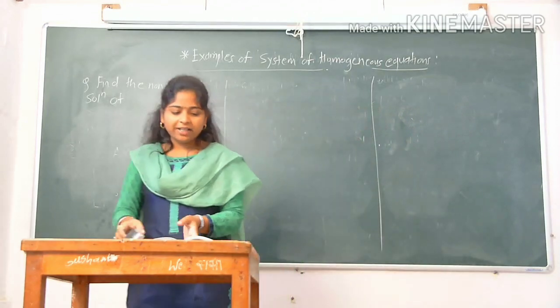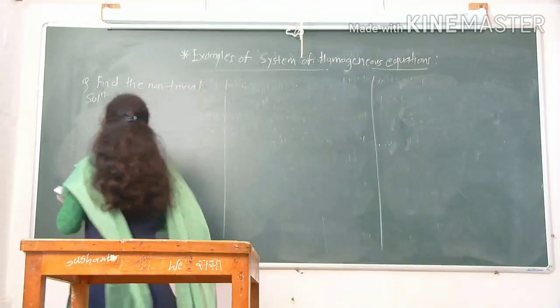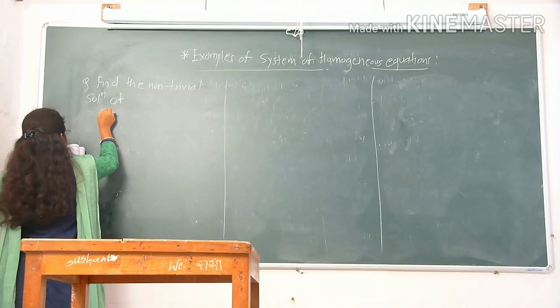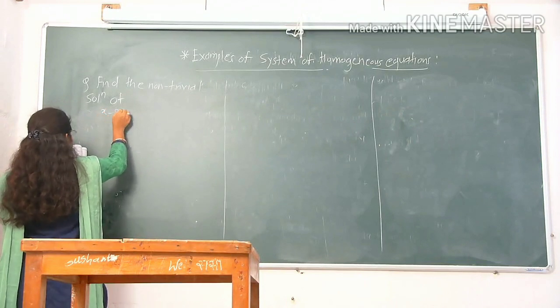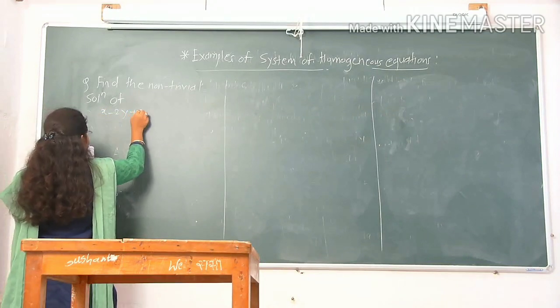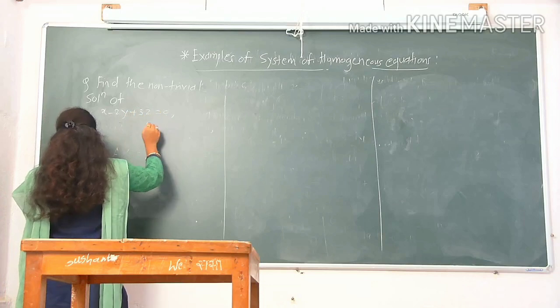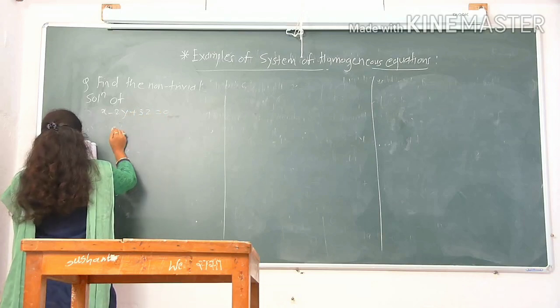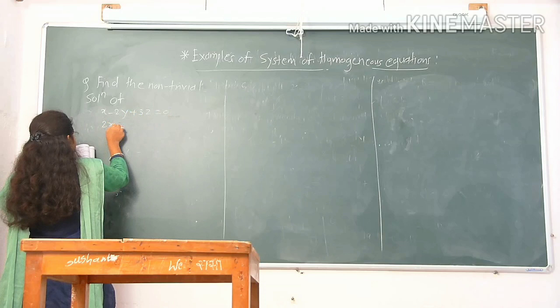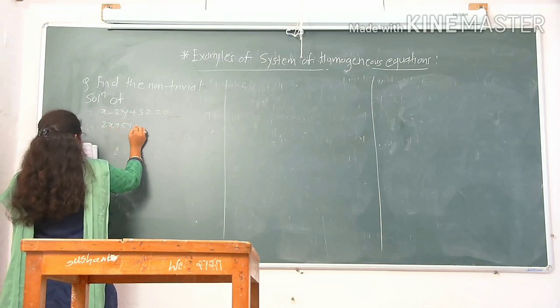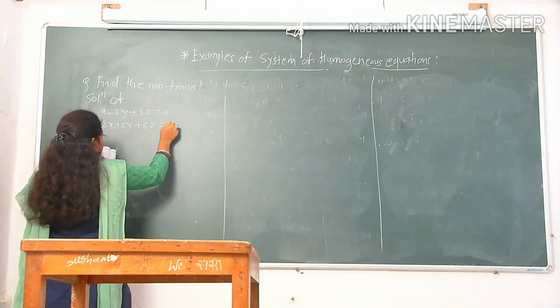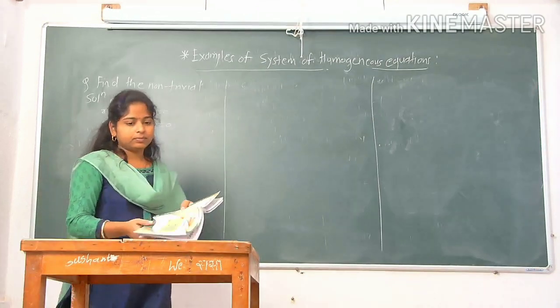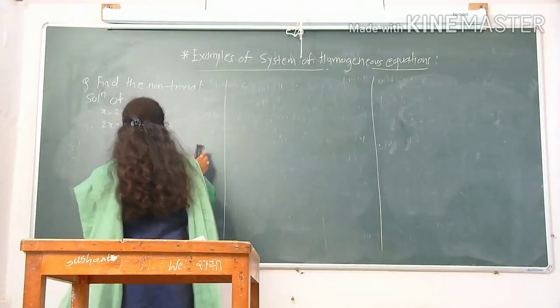Next question is find the non-trivial solutions of x minus 2y plus 3z is equal to 0 and 2x plus 5y plus 6z is equal to 0. Solution.